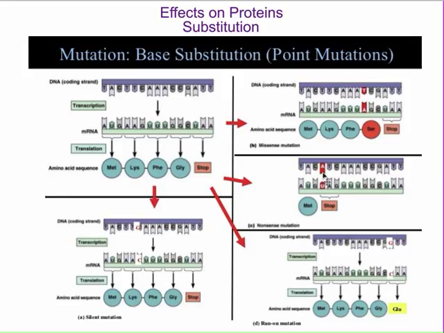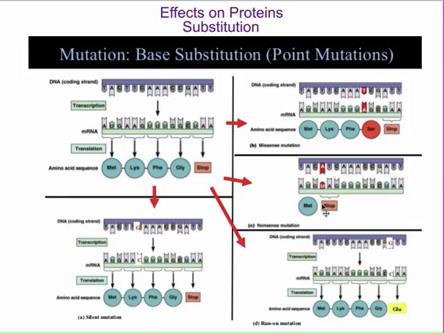Something else that could happen is a base pair could be substituted and end up coding during translation for a stop. So that will tell the ribosome to stop reading the mRNA, and it'll actually make the amino acid chain shorter than it's supposed to be.